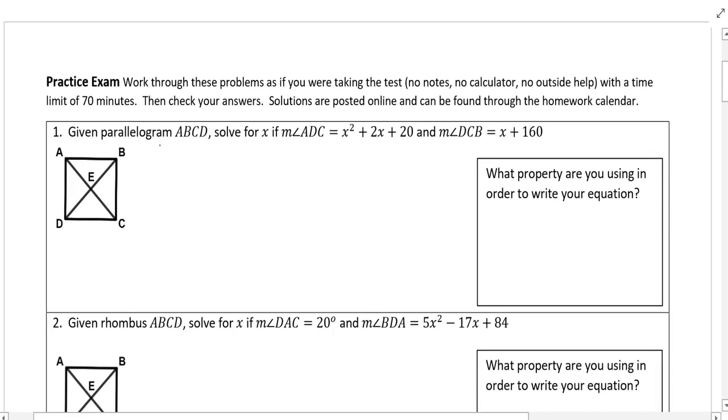So we have a parallelogram, and we're looking at measure of angle ADC, this big angle here, and DCB, this big angle here, and those are consecutive angles, and consecutive angles are supplementary.